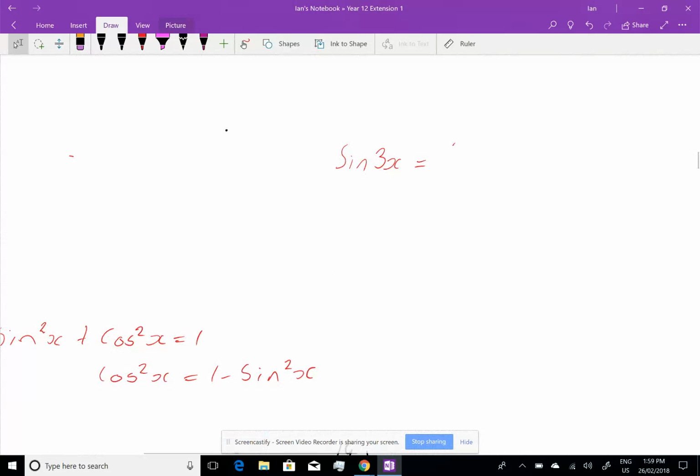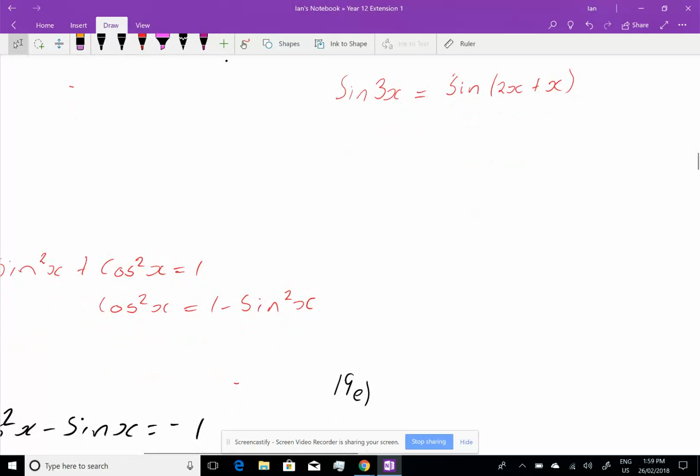So sine 3x is sine of 2x plus x, and I use the sine addition formula, sine of phi plus theta, on the formula sheet, which tells me sine 2x cos x plus cos 2x sine x.